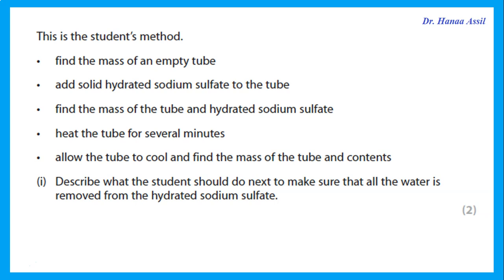But how do I make sure that all the water has been removed? I need to repeat: heat again, leave it to cool, reweigh until there is no more change in mass. So if the mass becomes constant, that means there is no more water of crystallization left in the solid.